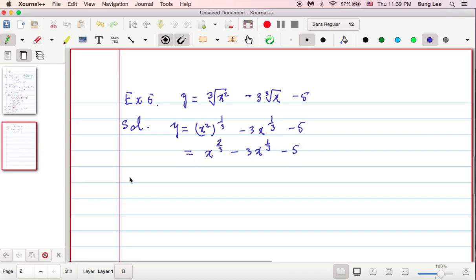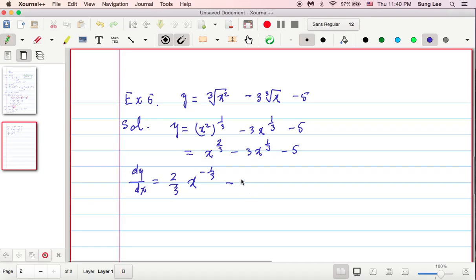Okie dokie. So we are ready to find the derivative dy by dx. So 2/3 comes down, x to the power 2/3 minus 1, that's going to be negative 1/3, right? Negative 1/3. And negative 3 times 1/3 comes down.